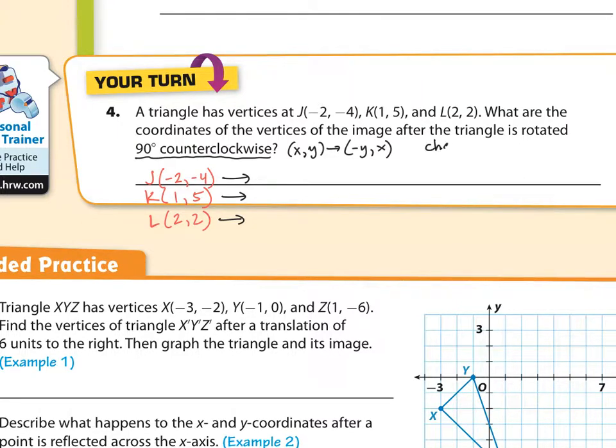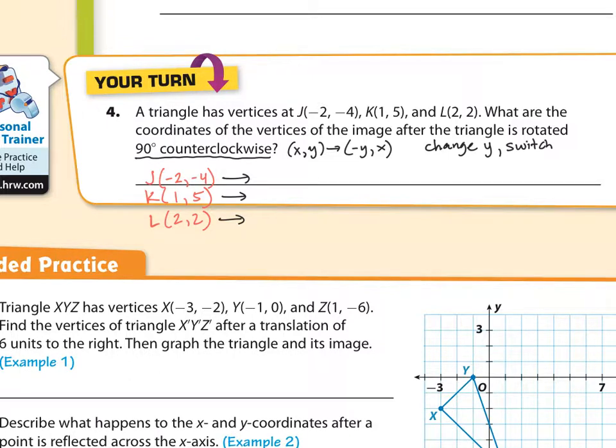I think rotations are the hardest ones to apply the rule to because there's so much going on. We're going to change the y, and then we're going to switch those numbers. Okay, switch the order of them. So, first one. So the y is right here. Let's change that. Well, if I change -4, it's +4.